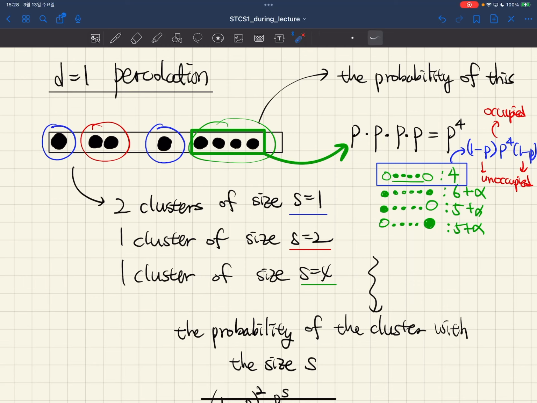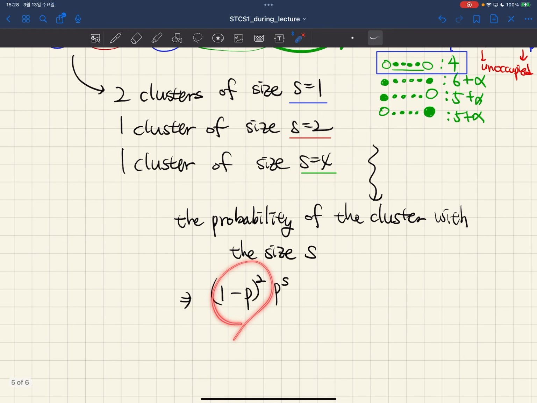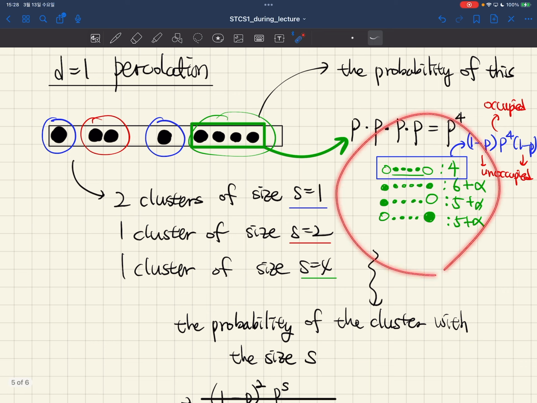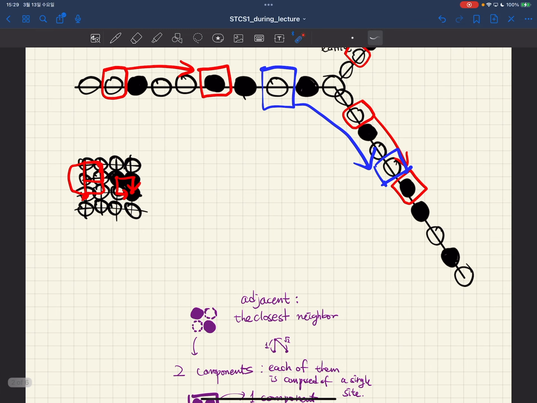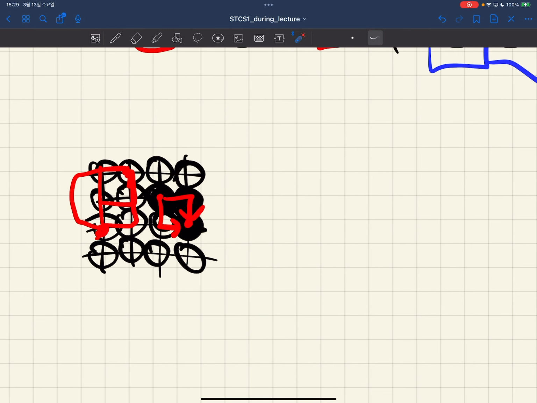And you can imagine, or hate to imagine, that in a more complicated system, like a two-dimensional system, these parts can be very complicated. And this part as well, actually. Because this system is such a simple one-dimensional system, you can just multiply like this. But if you imagine a two-dimensional system, you don't need to have this fully occupied site for the size 4 cluster.